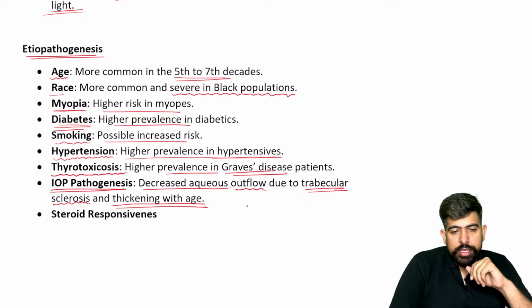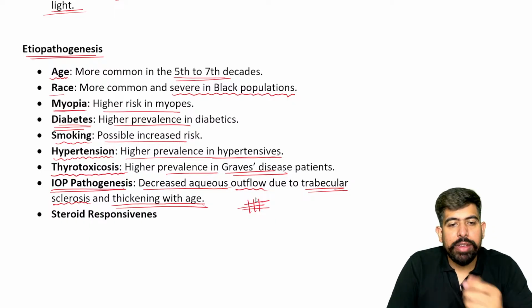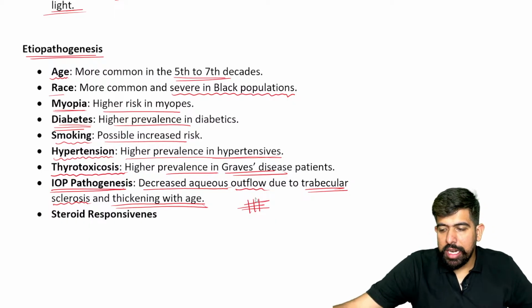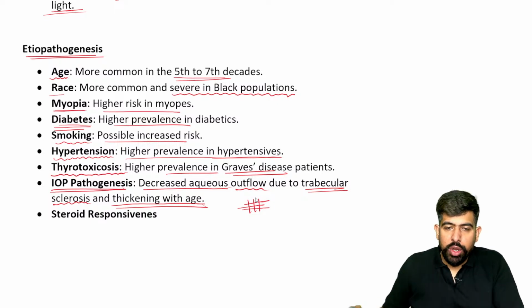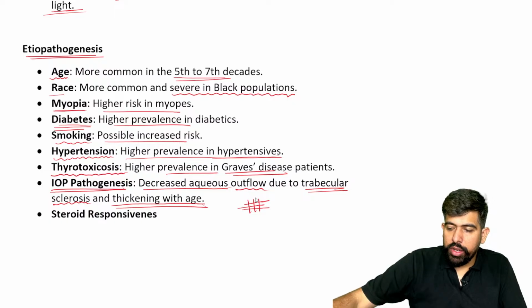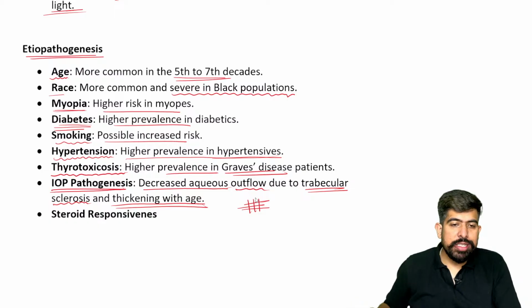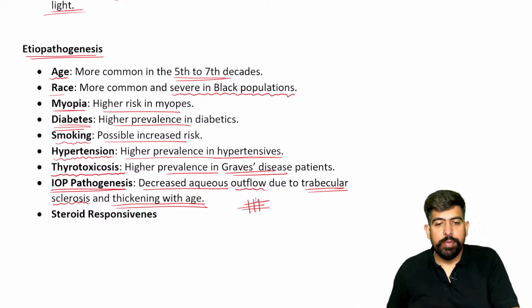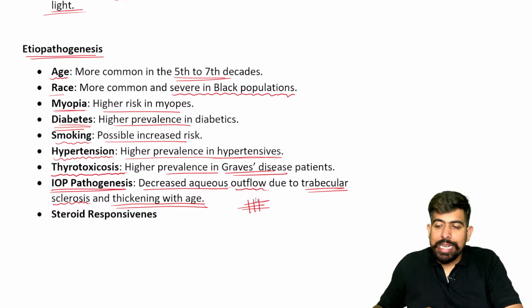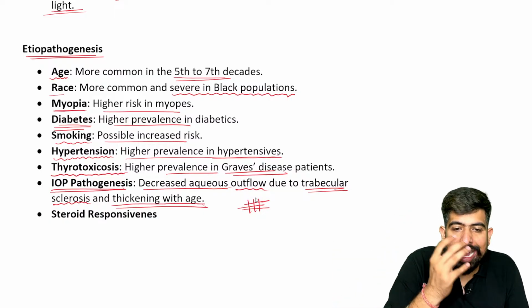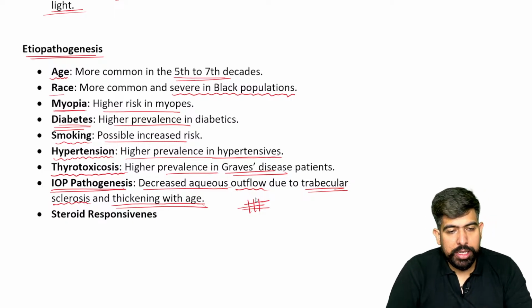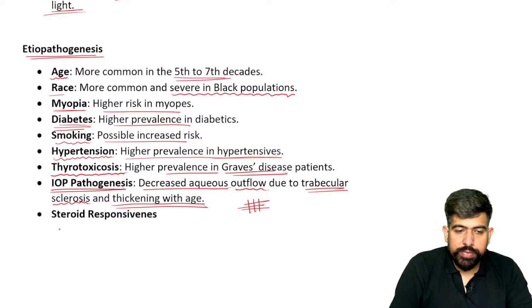Now this meshwork has sclerosis, meaning hardening of it. Why is it hardening? Because of age, or we can say thickening of it. So this meshwork is getting thicker, and due to this thickening the aqueous cannot flow out. This outflow is obstructed.